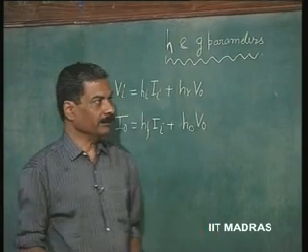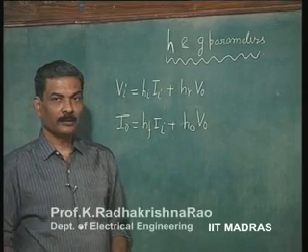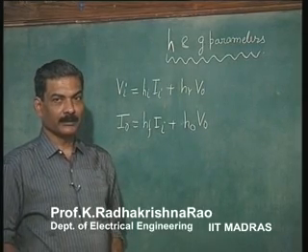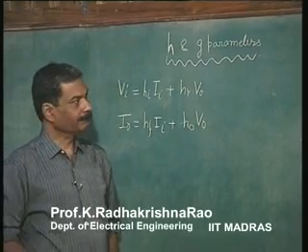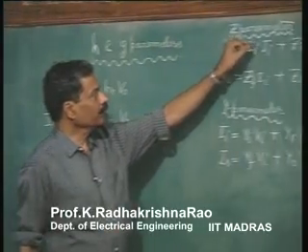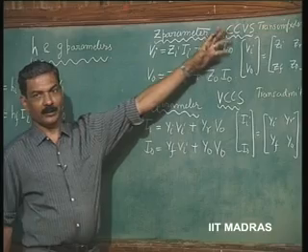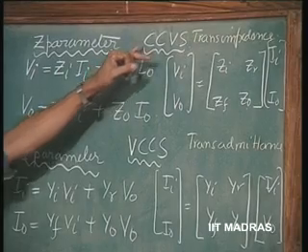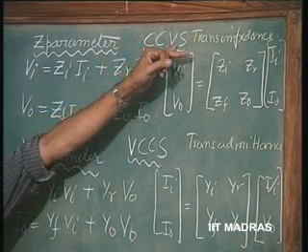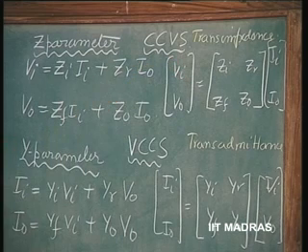In the last class, we saw two parameters, z and y parameters. You can see here z parameter leading to the definition for a current controlled voltage source, or transimpedance amplifier, it is called.